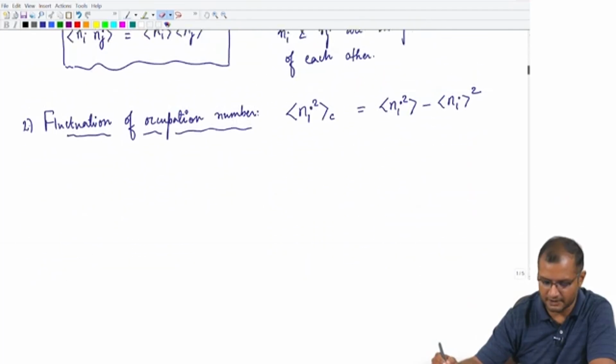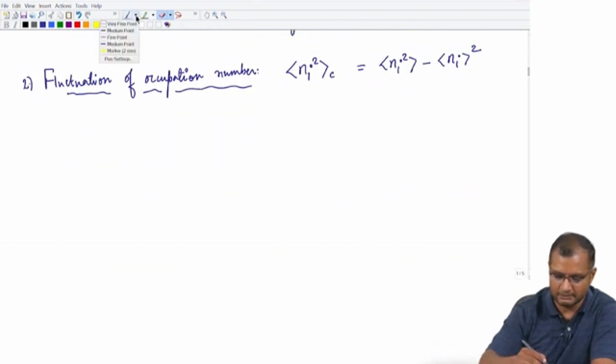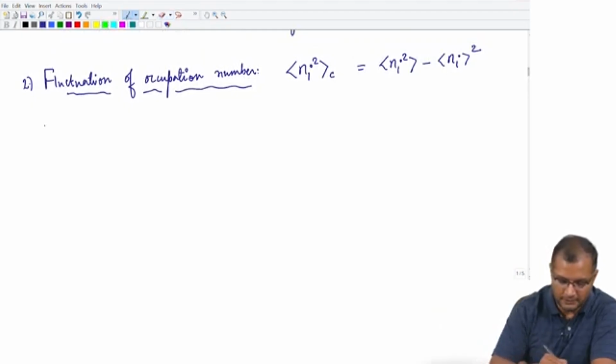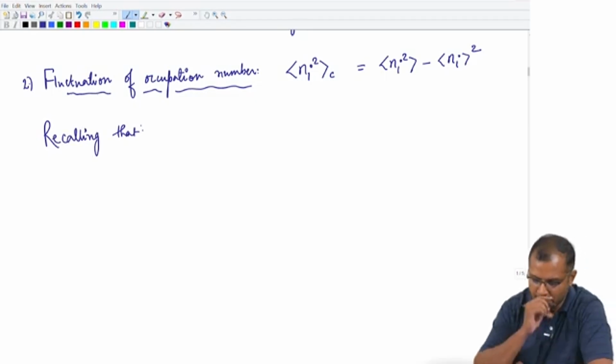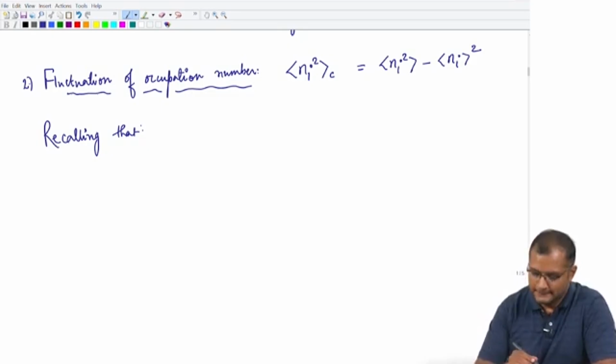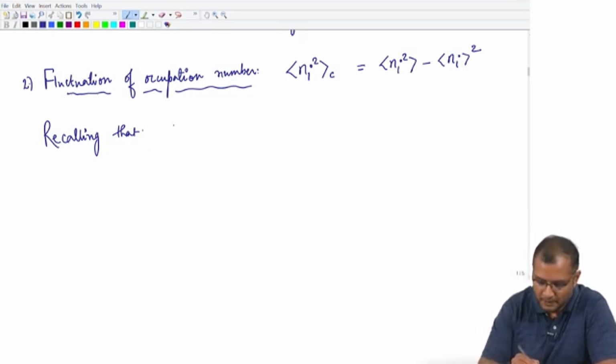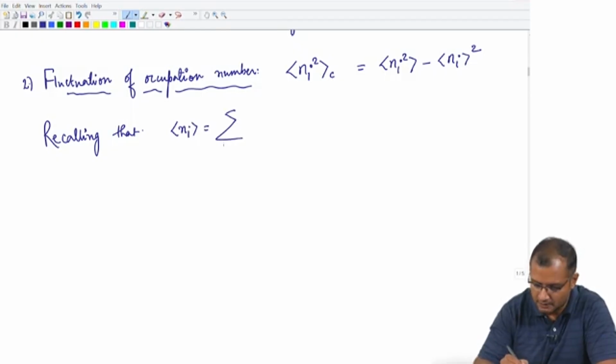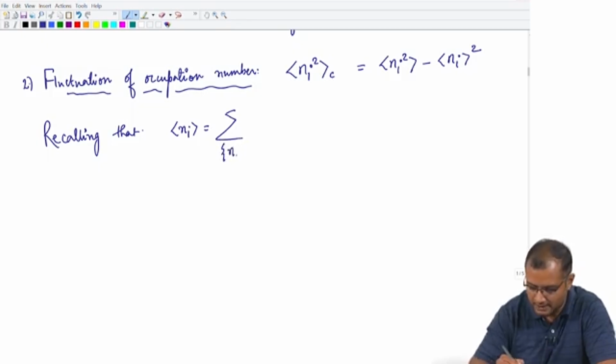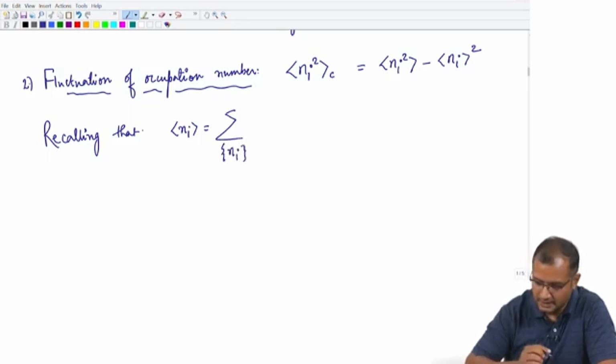So, we can simply write it here, recalling that the average occupation Ni is nothing but a summation over all the microstates. Okay.